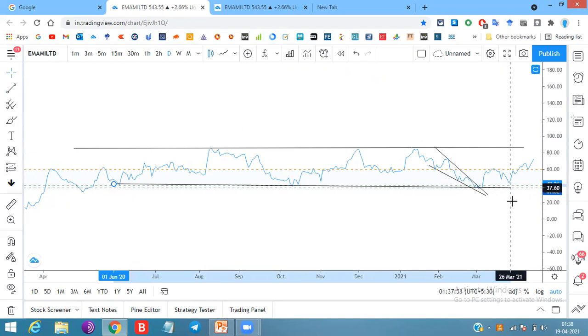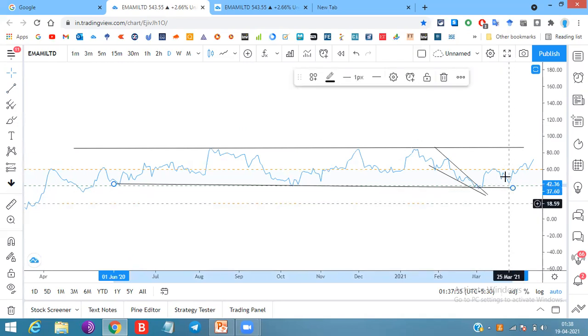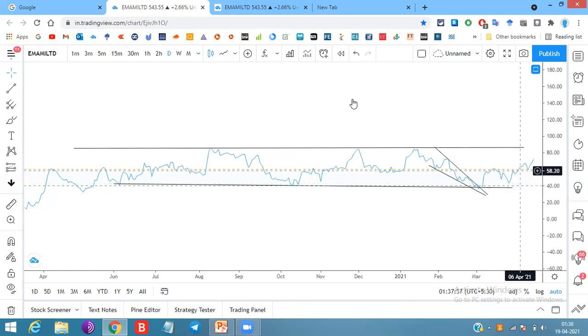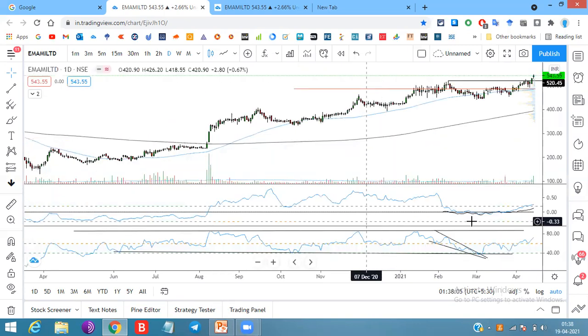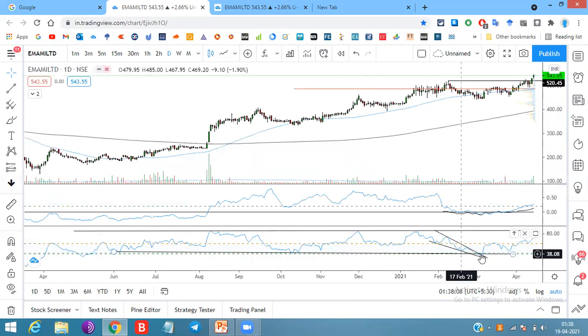The broader channel is something like this. This is how I plotted the structure of Imame Limited using RSI. So this was a good opportunity for entry, and there's a good breakout in this region too.